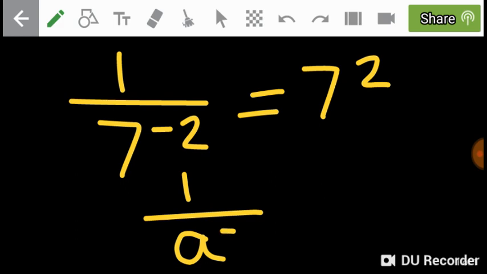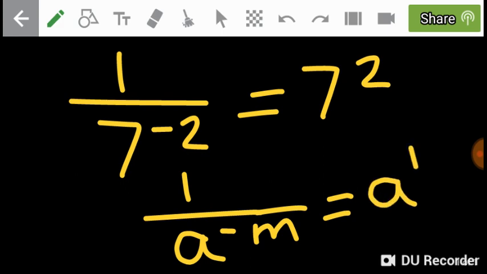If 1 is divided by a negative exponent, you put that on the numerator and it becomes a positive exponent. So this is the tricky part of the rule, but you can break it down with the rule that we have learned.